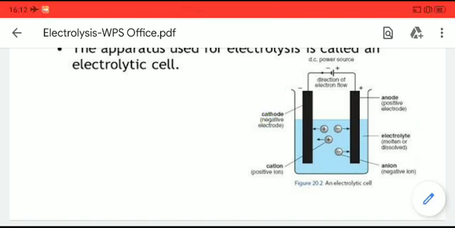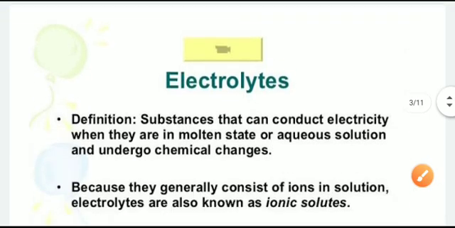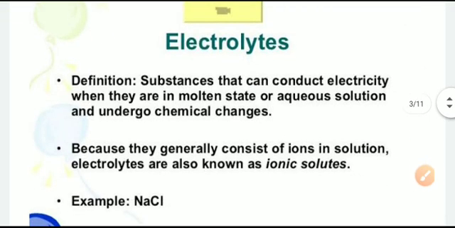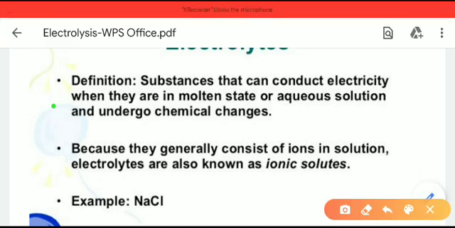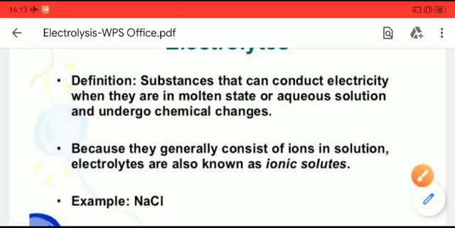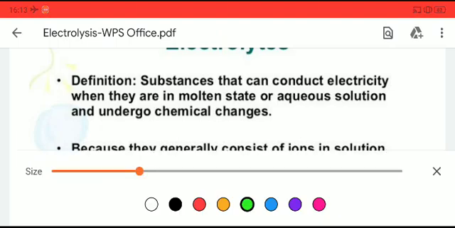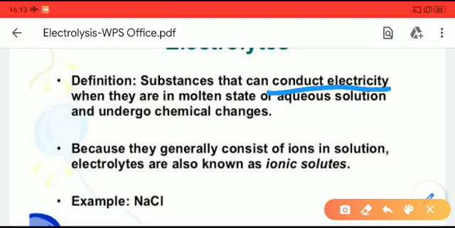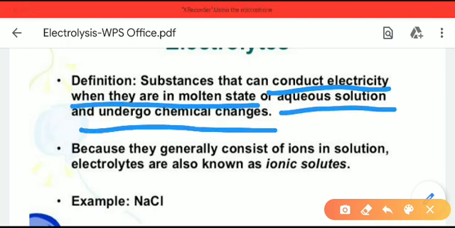Okay, let's start. What are electrolytes? We have now learned what electrolysis is. The next topic is what an electrolyte is. Electrolytes are substances that can conduct electricity when they are in molten state or in aqueous solution, and that undergo chemical change.